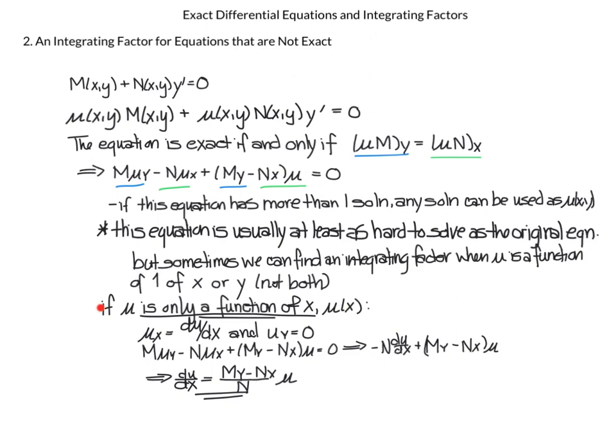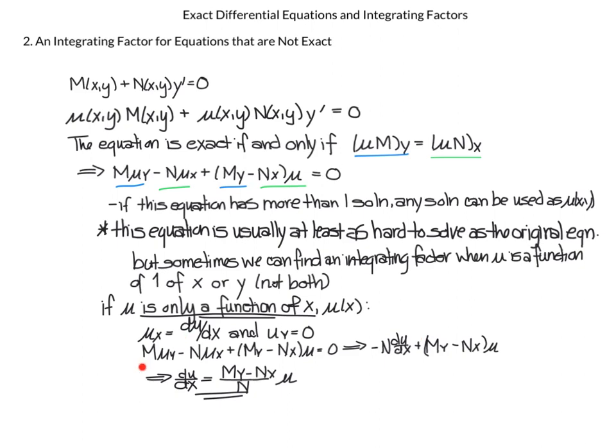Okay, so our special case, μ is only a function of x, μ(x). The partial of μ with respect to x is dμ/dx, and the partial of μ with respect to y, since it's only a function of x, is equal to 0, which means our complicated equation here, M times the partial of μ with respect to y minus N times the partial of μ with respect to x plus (M_y − N_x) times μ is equal to 0, now gets simplified.